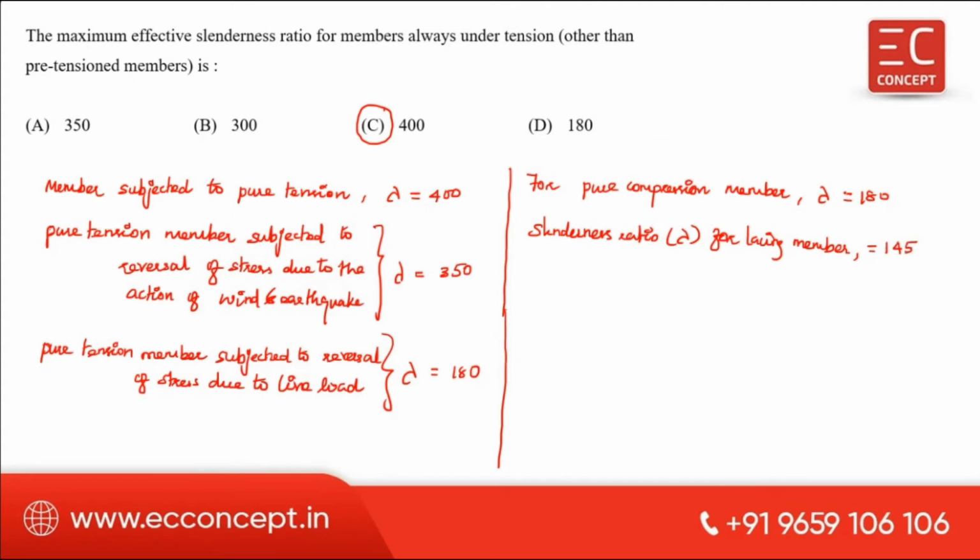So this is also important. In the law 2012, the slenderness ratio of lacing member, I think that was asked. So this is the answer. Okay, so be careful. So these are the important points. So in the upcoming exam, you can expect it.